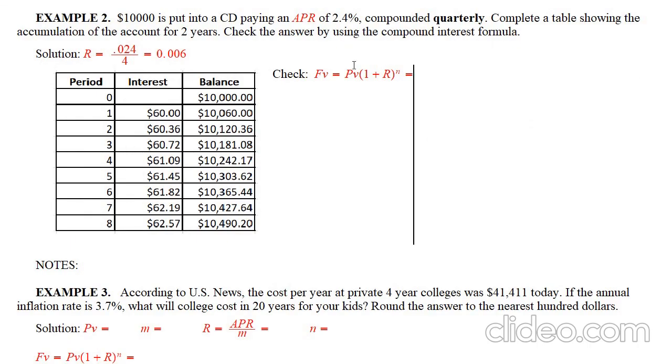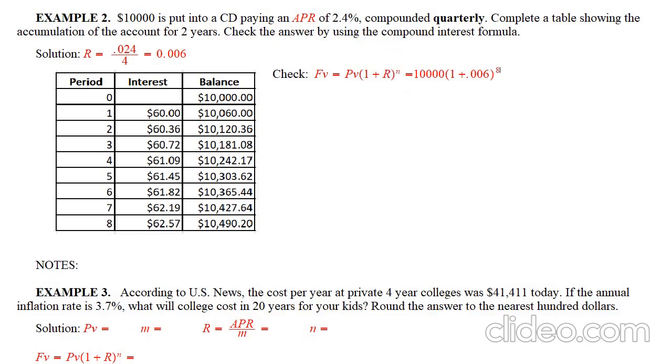So our PV up here in front, that's our 10,000. And then times 1 plus R, so this would be 1 plus the 0.006. And then we have to get n as our exponent, the number of quarters. So 4 quarters per year times 2 years, 8 quarters here.